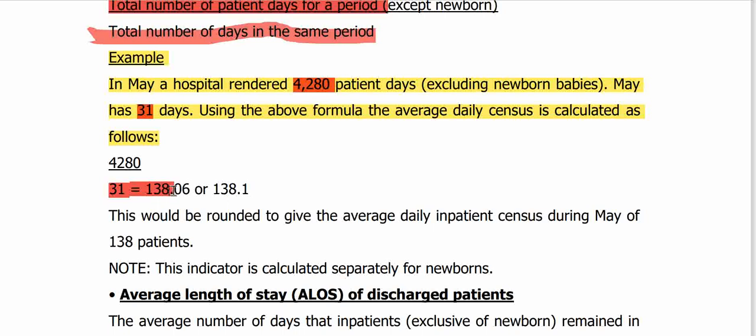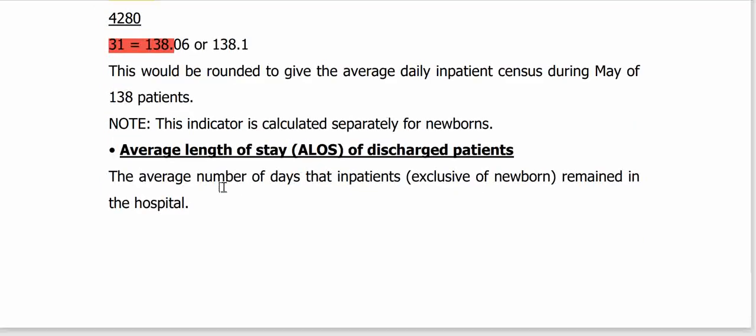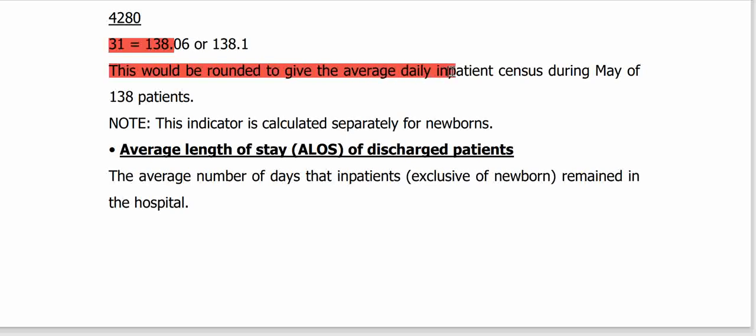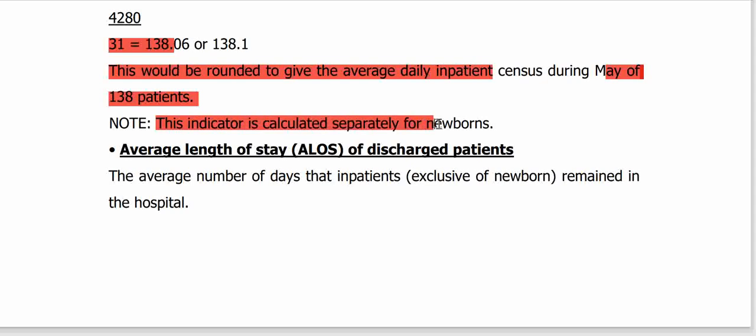138.06. So this would be rounded to give the average daily inpatient census during May, which is 138 patients. Okay, so one thing you need to know is that this indicator is calculated separately for newborns.